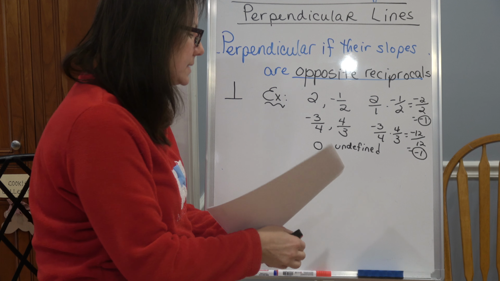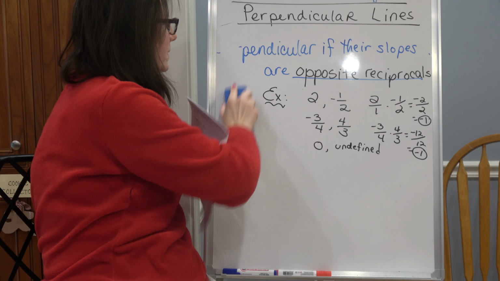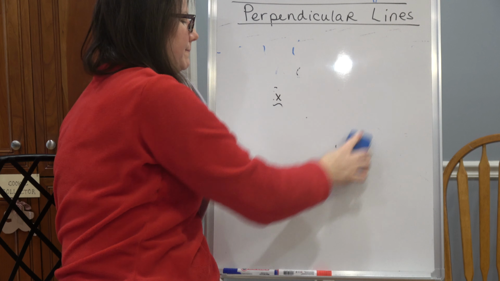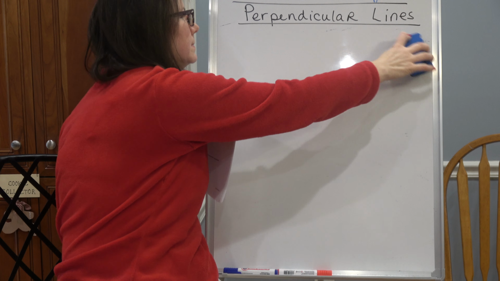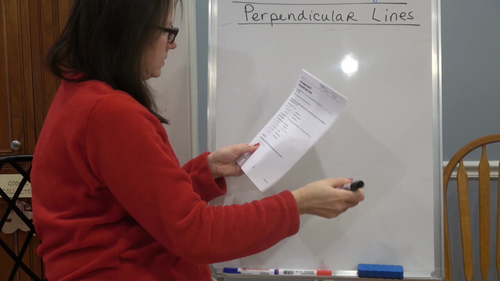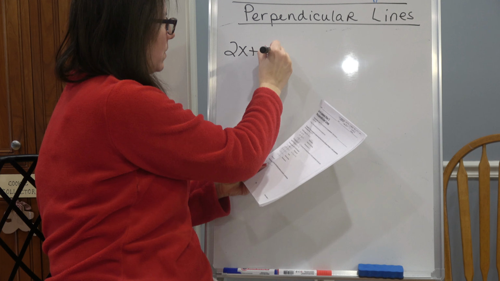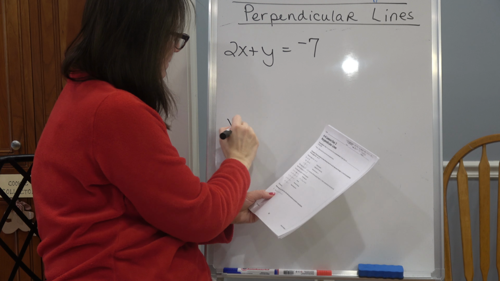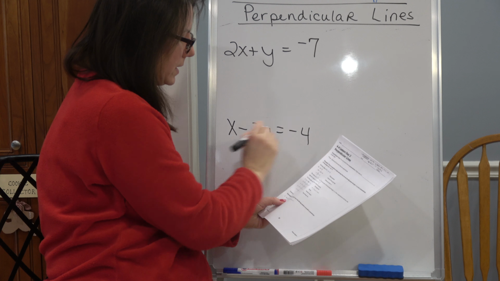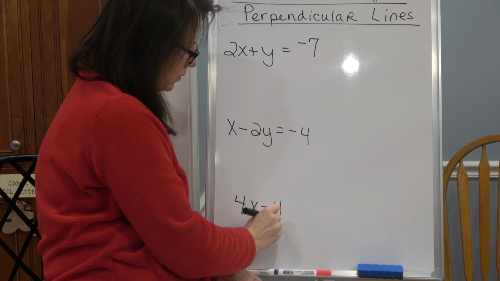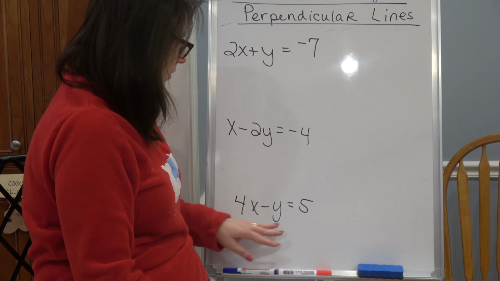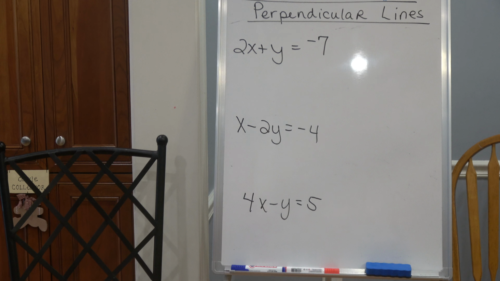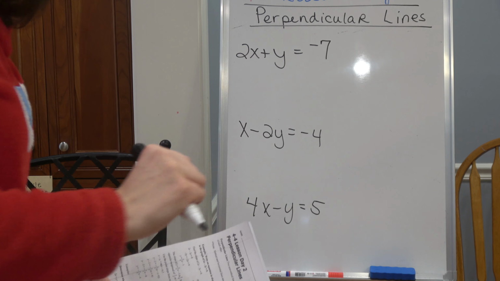You've got 3 different equations: 2x plus y equals negative 7, x minus 2y equals negative 4, and 4x minus y equals 5. Let me turn this over so I can make sure you can see everything. Yeah, it looks like you can see everything there.